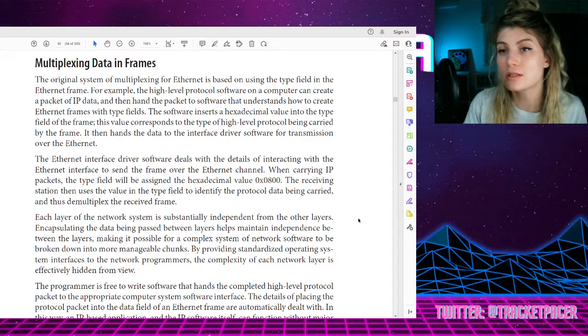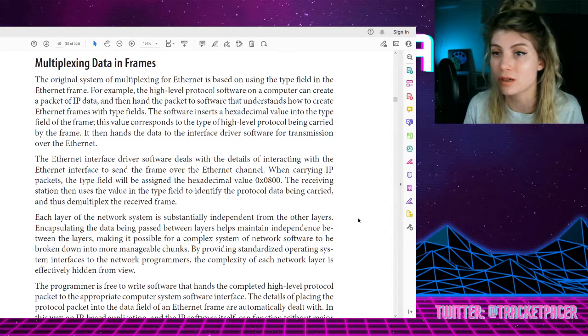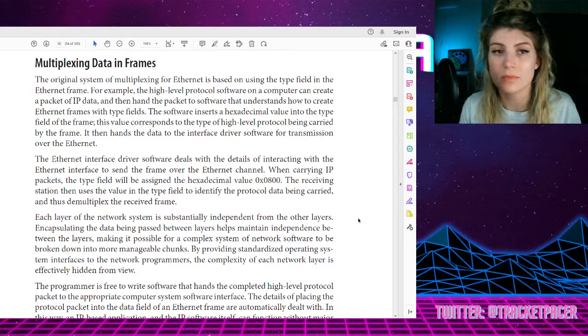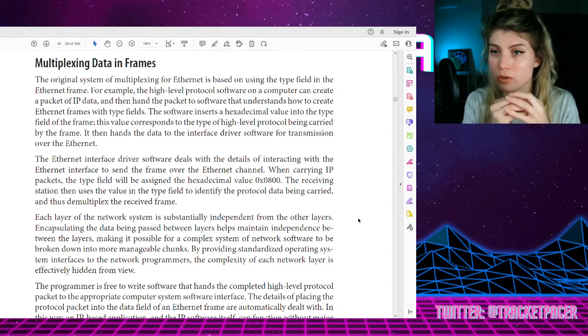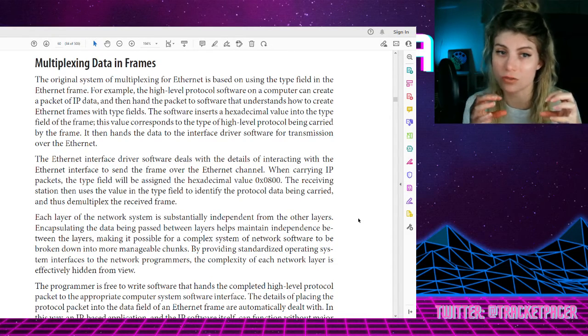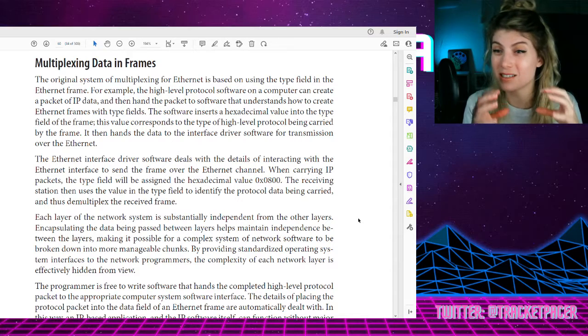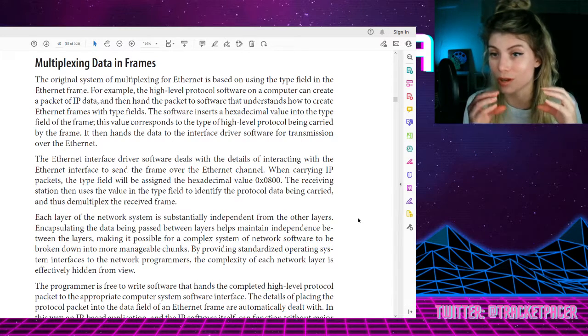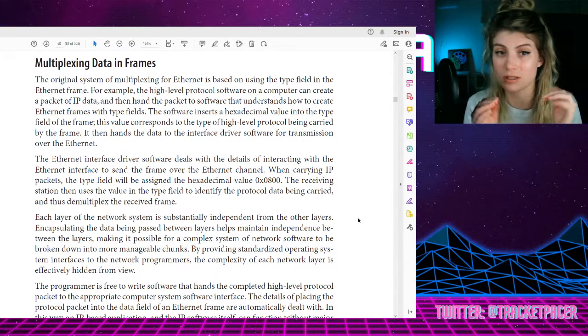Cool. So this is encapsulating a packet in a frame. We have our high-level protocol software on your computer. It creates its own little packet of IP data, and then it sends it to software that specifically knows how to create frames. That software encapsulates it in a frame, adds the type field because it knows what the high-level protocol is.